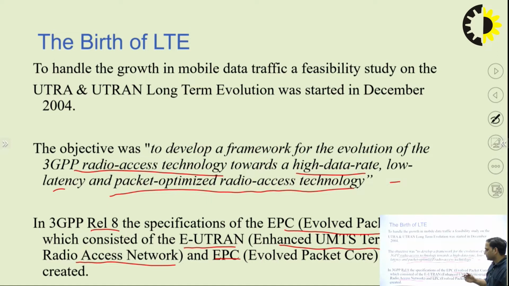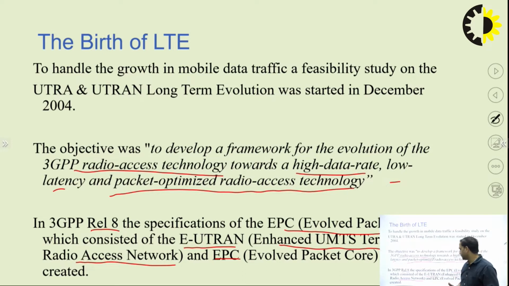So this was the basic architecture of the LTE system, which contains the E-UTRAN and the EPC. What the E-UTRAN and the EPC are, we will come to as we go forward in this lecture, and then things will be clear to all of you.